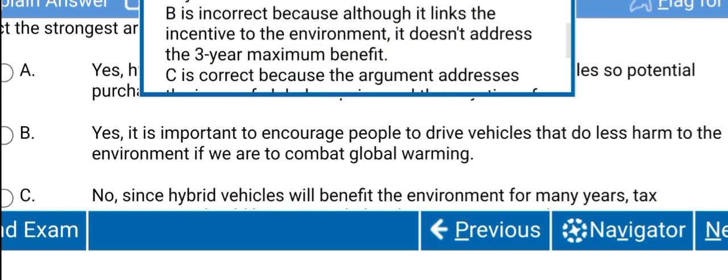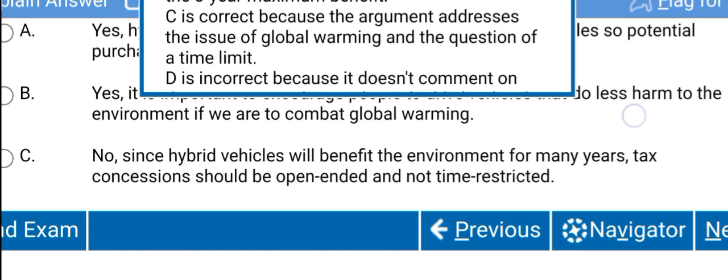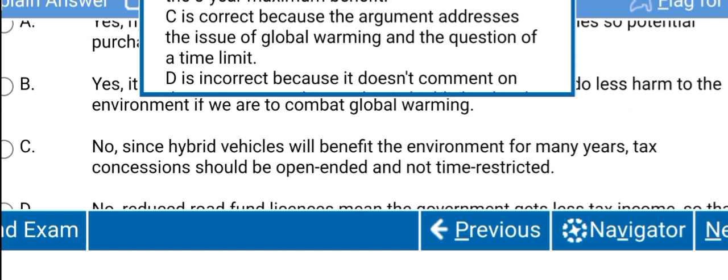Option B is incorrect because although it links the incentive to the environment, it doesn't address the 3-year maximum benefit. Option C is correct because the argument addresses the issue of global warming and the question of a time limit.